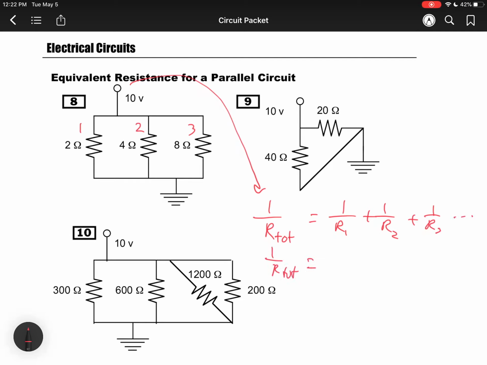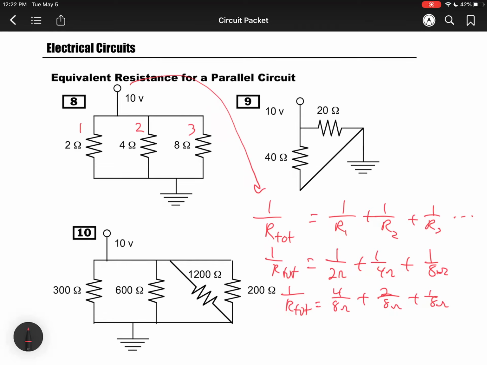So 1 over 2 ohms plus 1 over 4 ohms plus 1 over 8 ohms. And you could do this with decimals, but real quick I'm going to, because I don't have a calculator handy, change this into fractions. So that's 4 over 8 ohms plus 2 over 8 ohms plus 1 over 8 ohms.